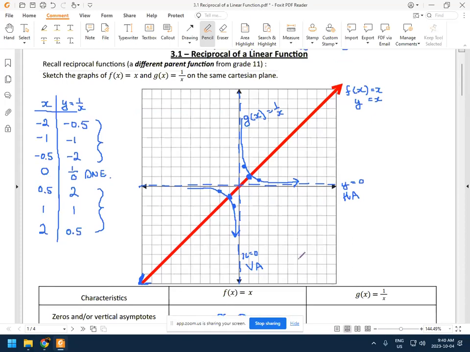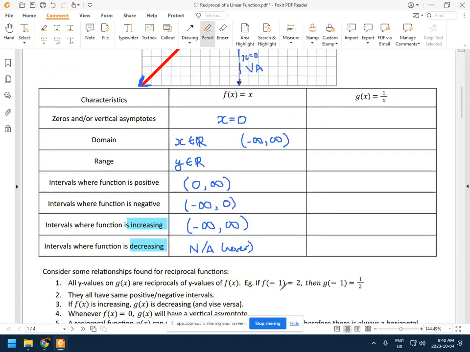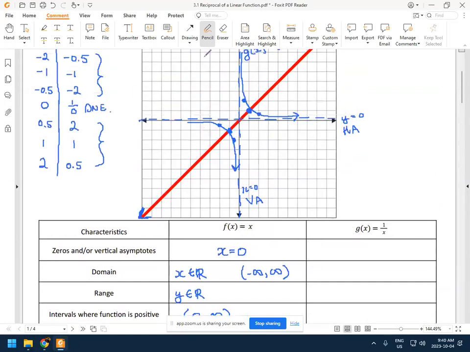So consider this. Here's a relationship between a regular graph and its reciprocal. The zeros. For the original, x equals 0 was my x-intercept. Do I have a 0 for this curve? No. Instead, x equals 0 is a vertical asymptote.